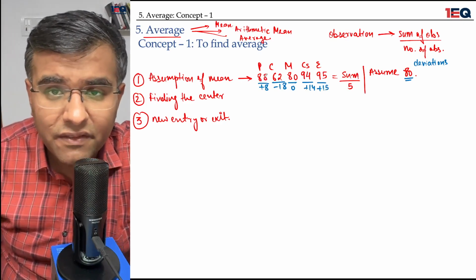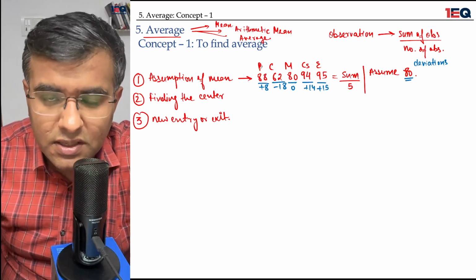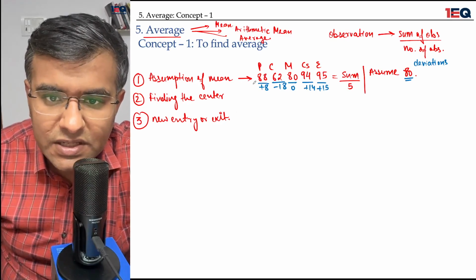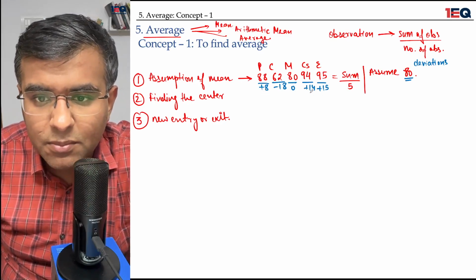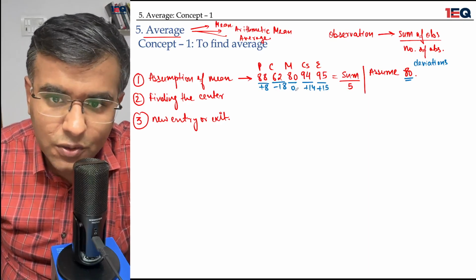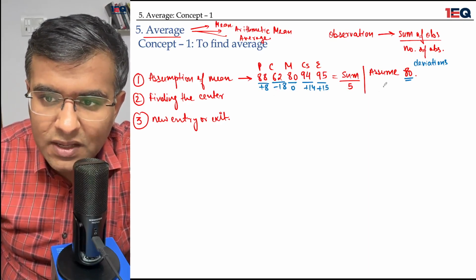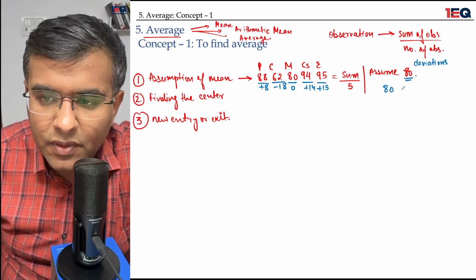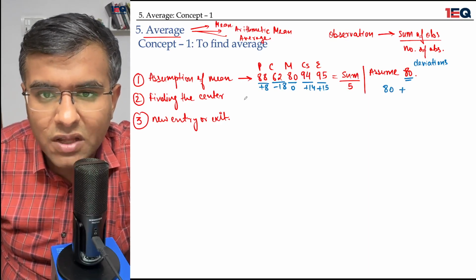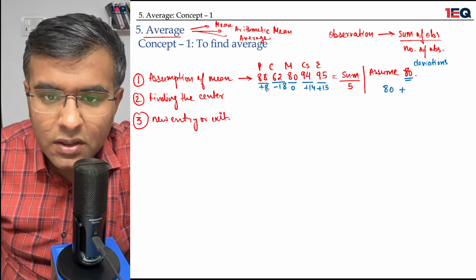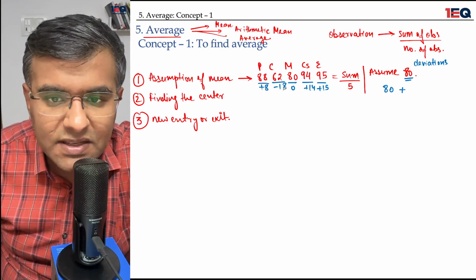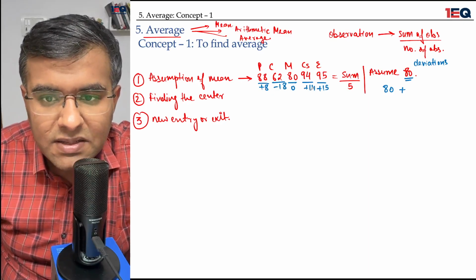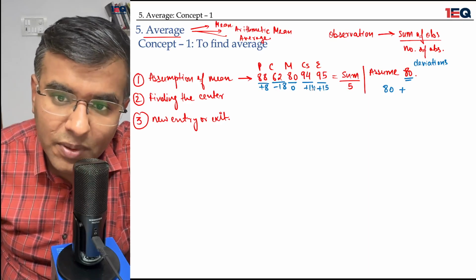Now, instead of proceeding with a tough calculation, I have an easy set of calculation with me, which is plus 8, minus 18, plus 14, plus 15, and 0. So my answer would be 80 plus or minus whatever net output comes out. Plus 8 and minus 18 make it minus 10. Minus 10 and plus 14 make it plus 4.